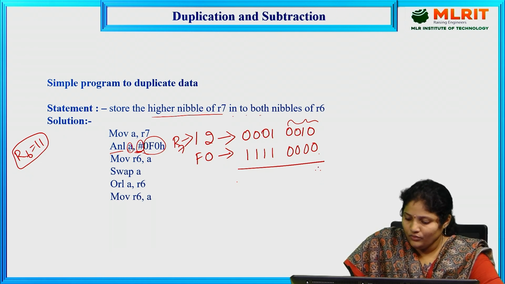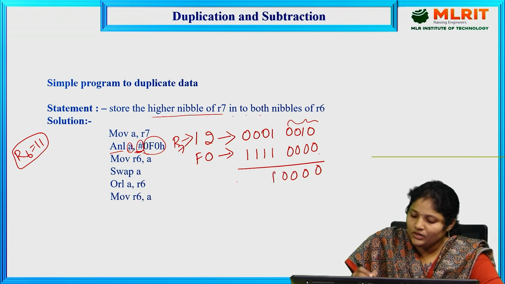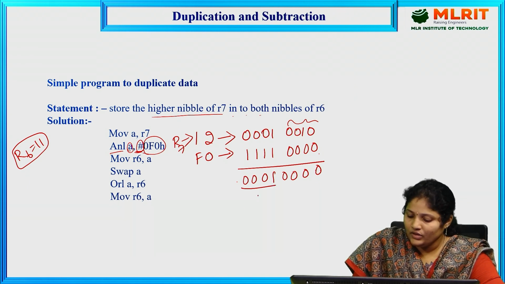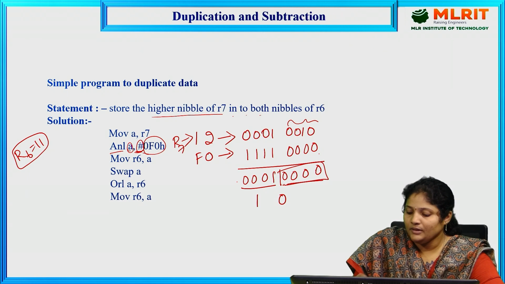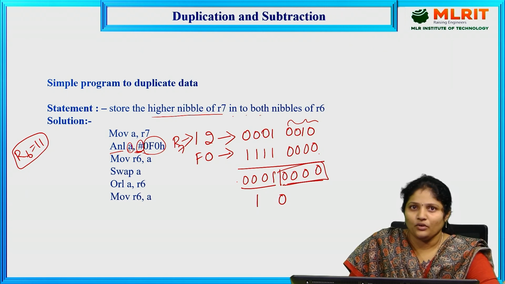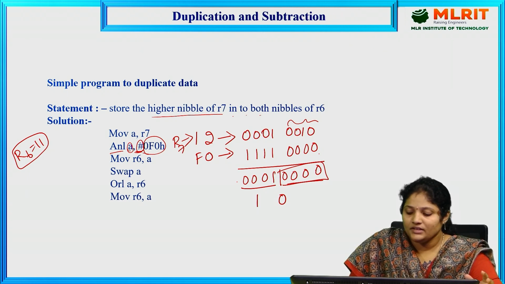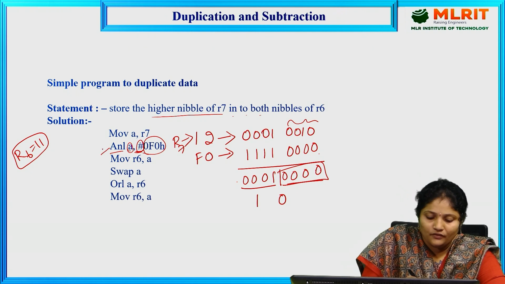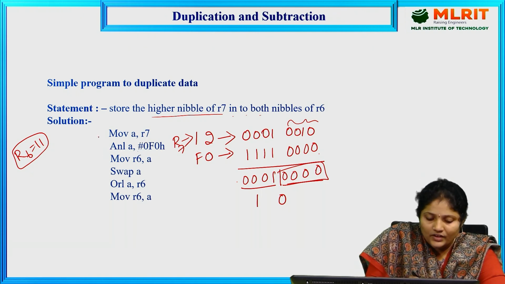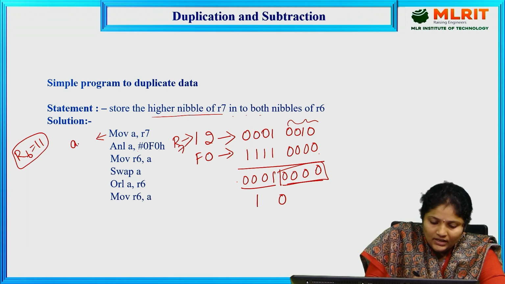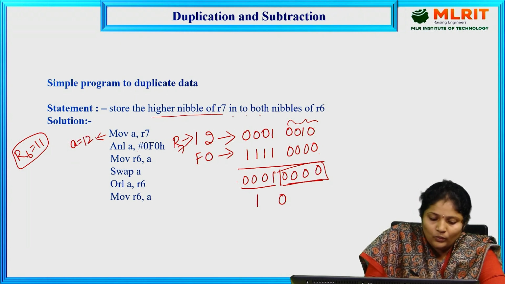Here 1 and 1 give 1, and the remaining are 0. So I have eliminated the lower nibble, which is not important for this case. So what is the data after this instruction? After execution of the first instruction, the accumulator is having the data 1, 2, right?